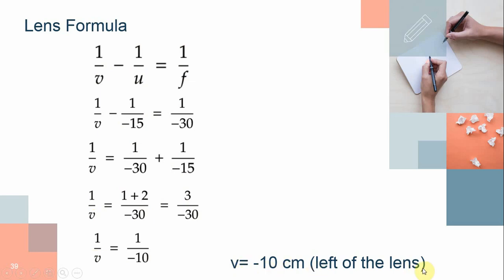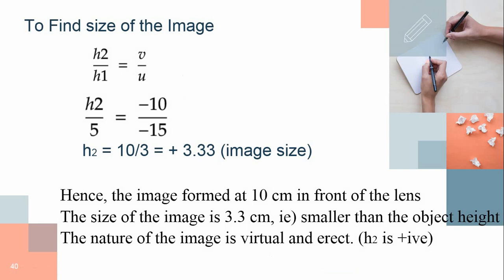That means the image is on the left side of the lens. Next we find the size of the image. This is the formula, which we already studied: h2 by h1 is equal to v by u. Now substituting the values of h1, v and u, after solving the equations, we get h2 is equal to 10 by 3, which is plus 3.33.